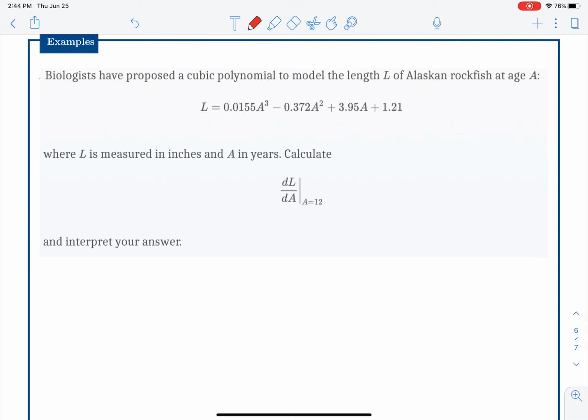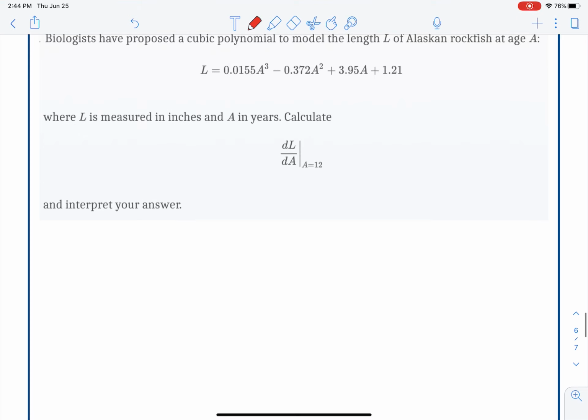Here is a practical example. Biologists have proposed a cubic polynomial to model the length of an Alaskan rockfish at age A, and that is the length, where L is measured in inches and A in years. Calculate dL over dA.